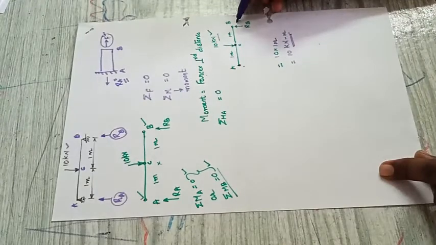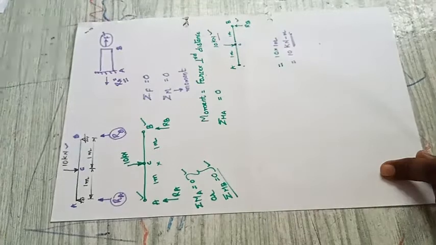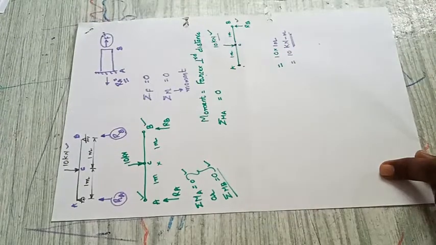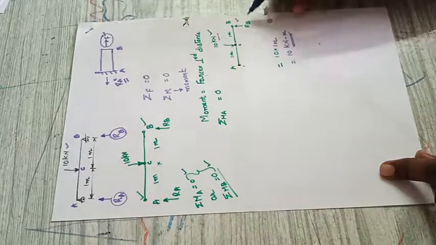Next is RB. Right now we are not mentioning any sign convention here, so we will deal with that later. First of all, we will find the moment for each of the loads. Let us take RB.